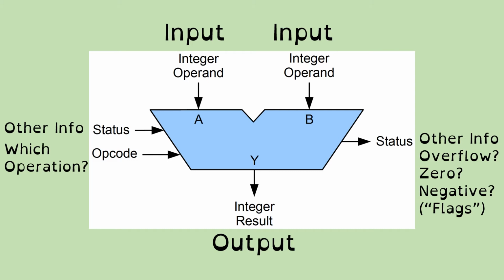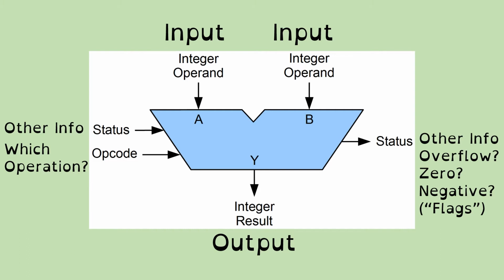There's a thing called flags usually to indicate something about the status of the operation that's been carried out. So this can have information about overflow, and if you know about adders, and I've done a short series of videos on adders, so if you want to watch those and haven't done so, you can do so.